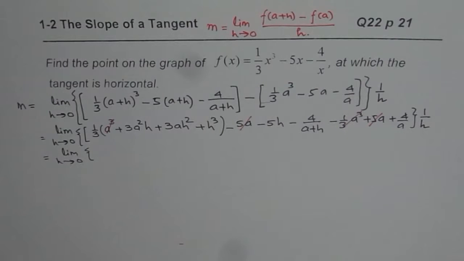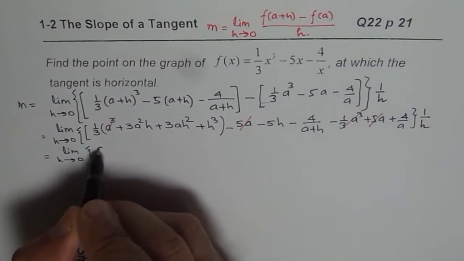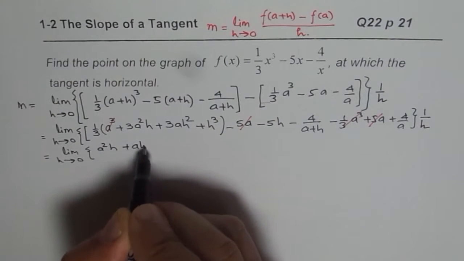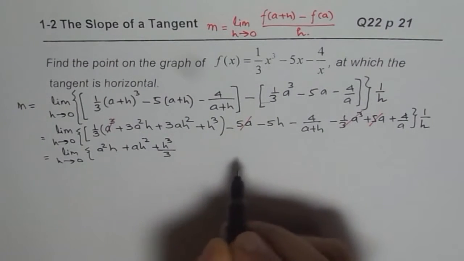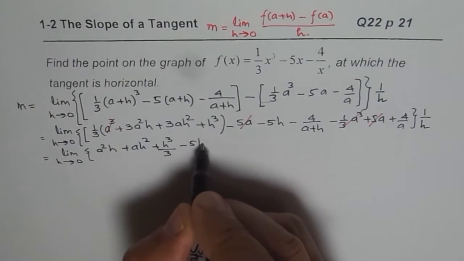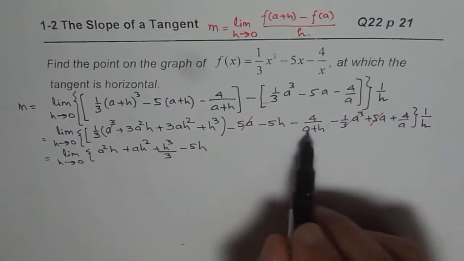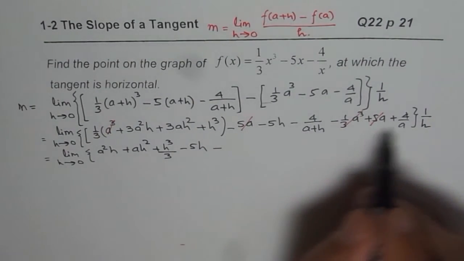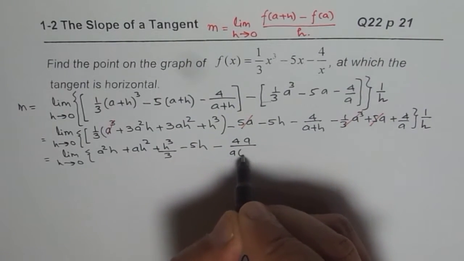The rest we can combine and write together. We have 1 over 3 times the second term, 3 and 3 cancel, so we get a square h. With the 3 and 3 cancelling, we get plus a h square, and then plus h cube over 3. Then we have minus 5h, and then we have these last two terms. I'd like you to combine them, so let us multiply by a so that we have common factors. We write 4a over a times (a plus h).